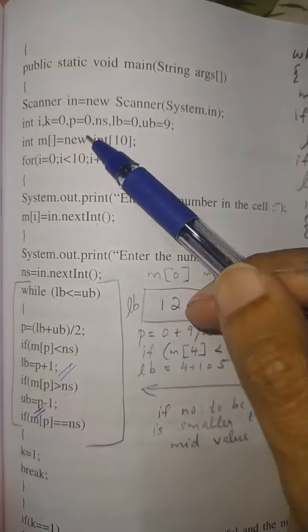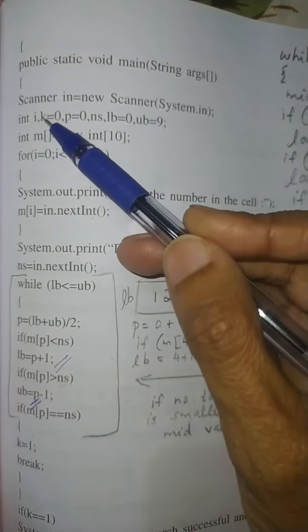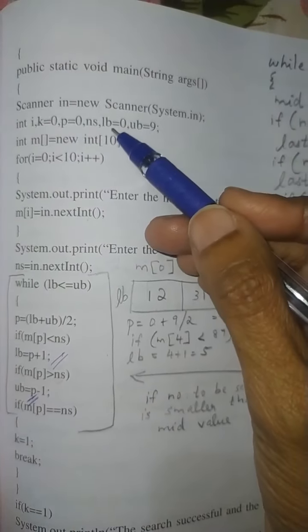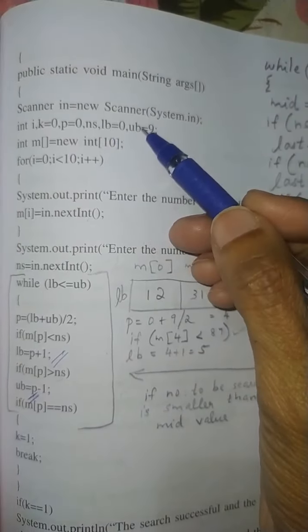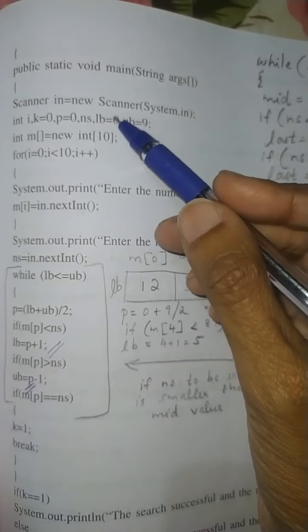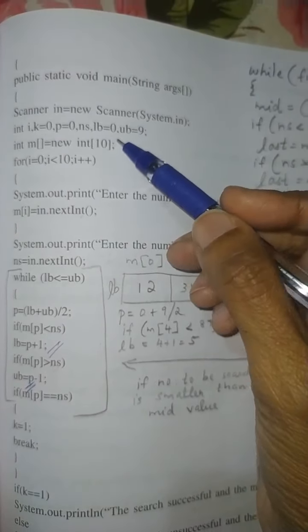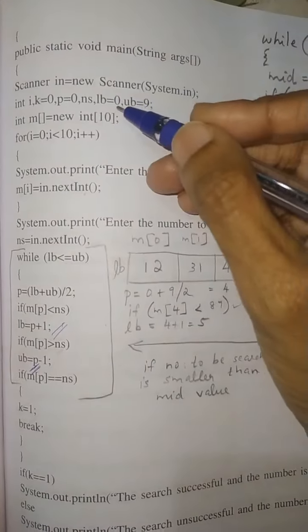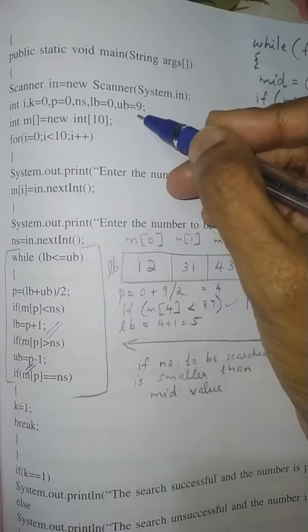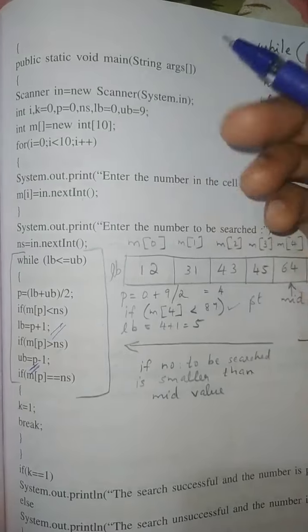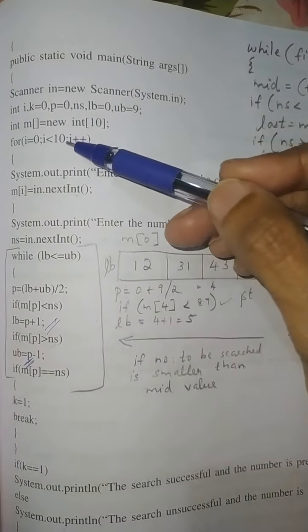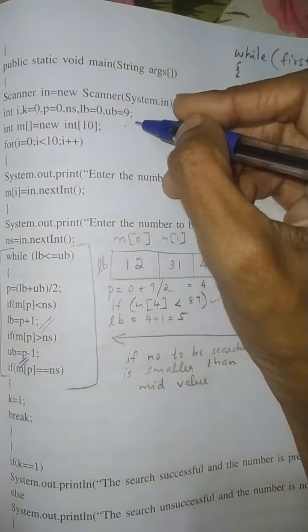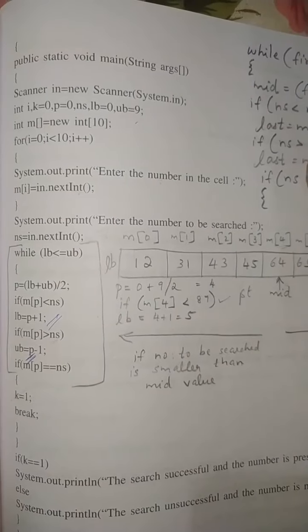Here I declared the mid value, k value, last index and first index, and initialized them already. The first index is 0 and the last index is initialized as 9 because I am entering 10 numbers. That is why I initialized it to 9 first.